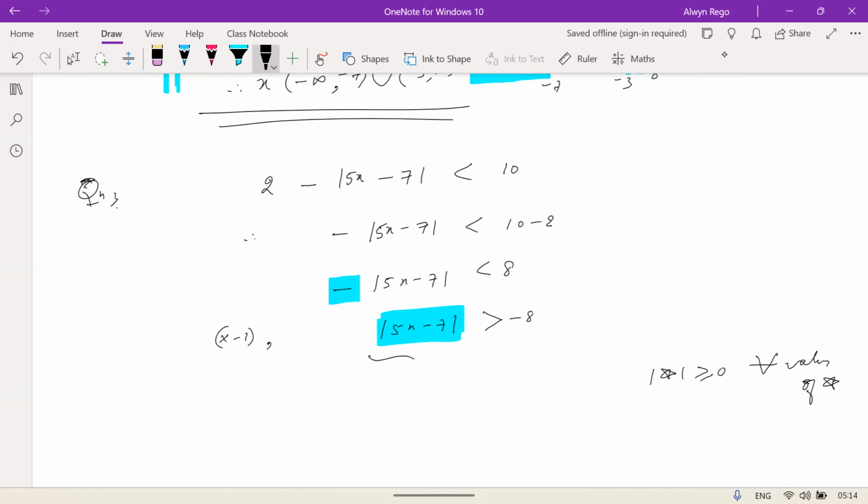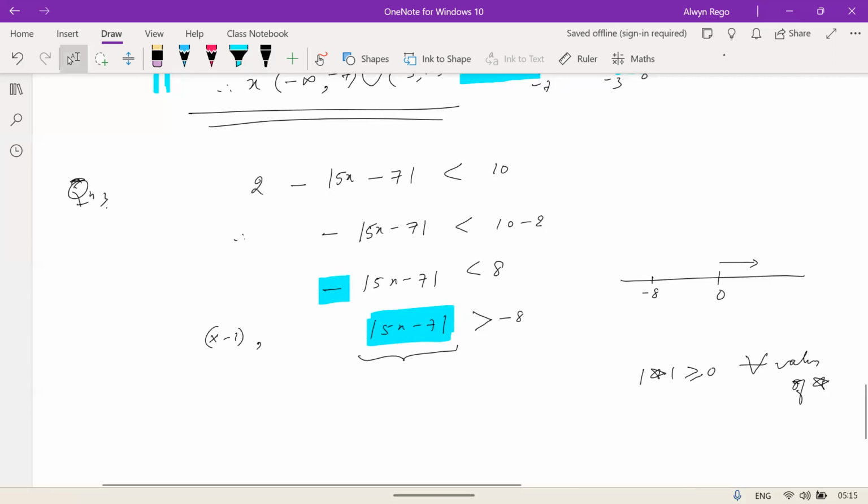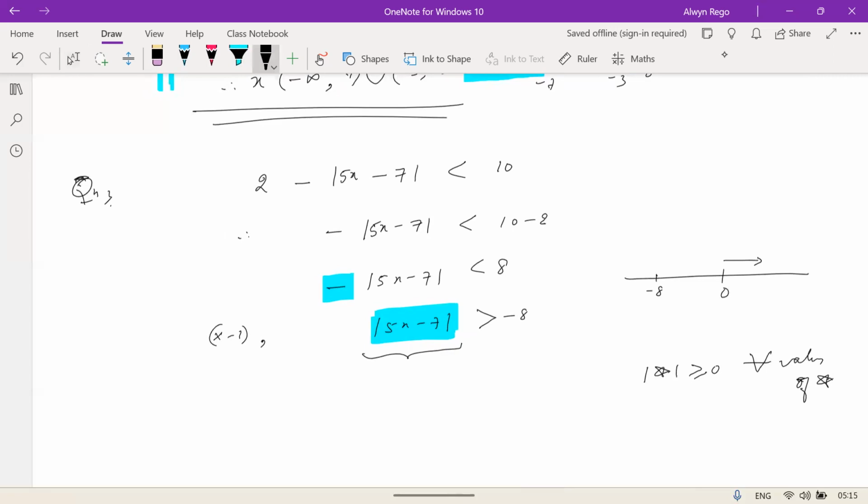Therefore, if I'm demanding that absolute value of something is more than -8, it's readily met because it is already more than or equal to 0 here. So if you are demanding that it should be more than -8, the demand is always met. So you'll find that this is always true, which is true for all values of x.